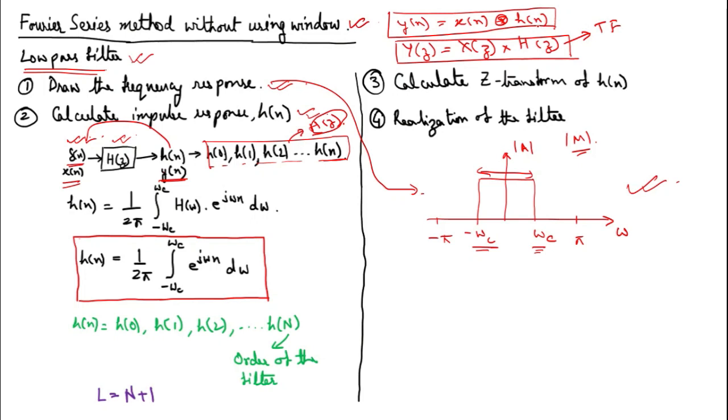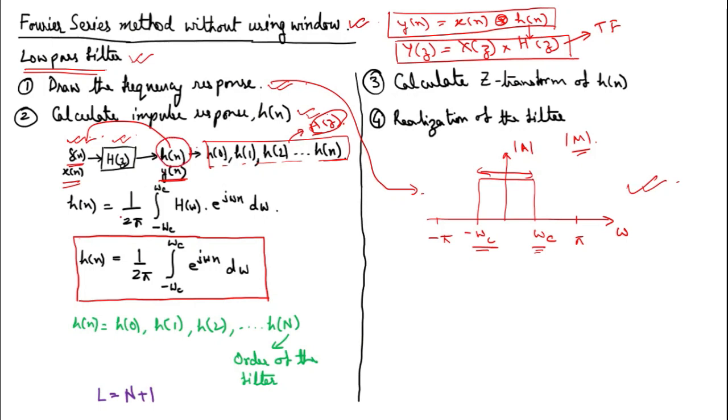So how do we get from h[n] to H(z)? We can get it by applying the z-transform on h[n]. Am I correct? Any doubt? No. Okay. So the question is how we find these h[n] values.